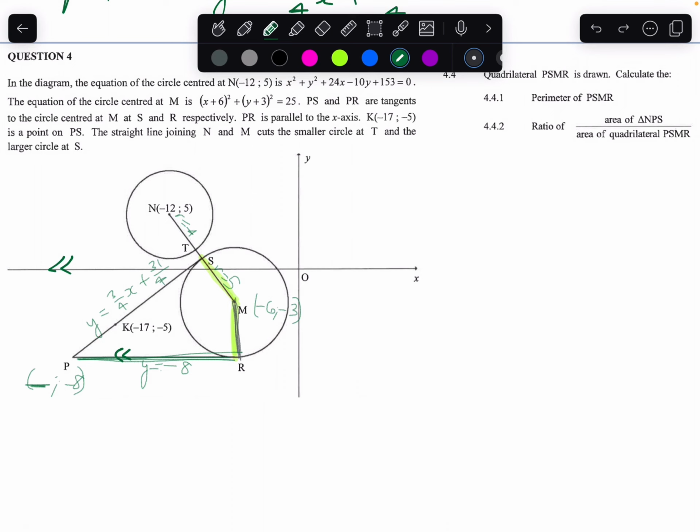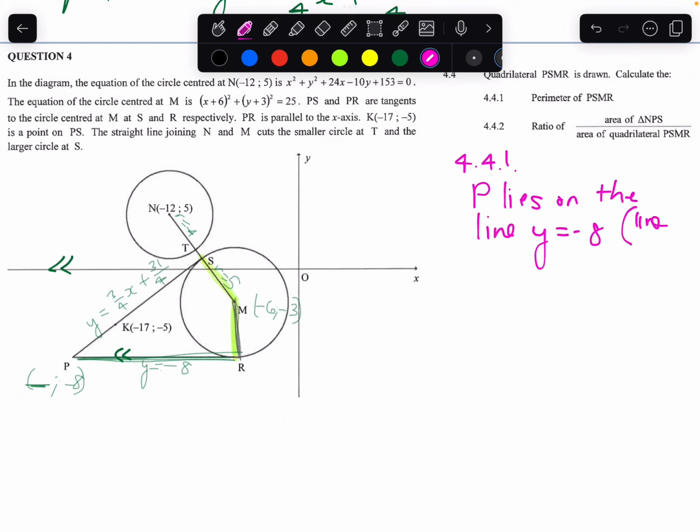Okay, so first things first, what are we going to say? We'll say P lies on the line y is equal to -8, because it's the line PR. And so therefore we know that the y coordinate of P is -8.